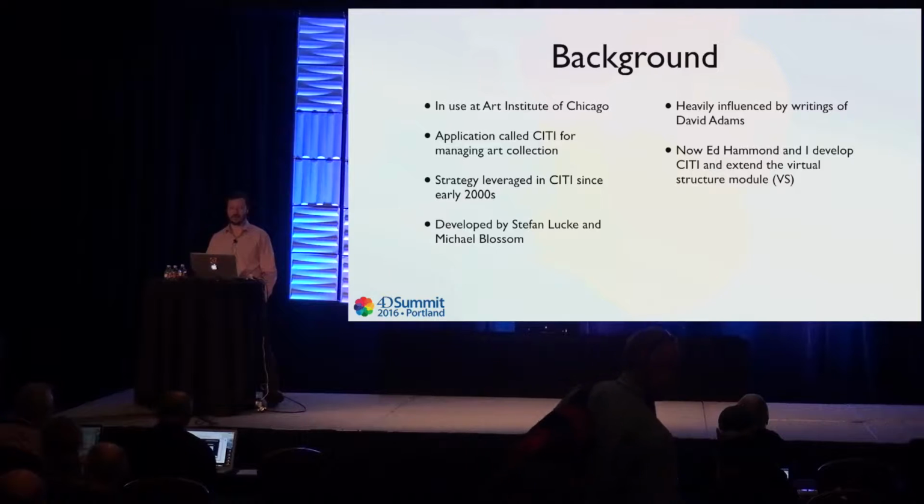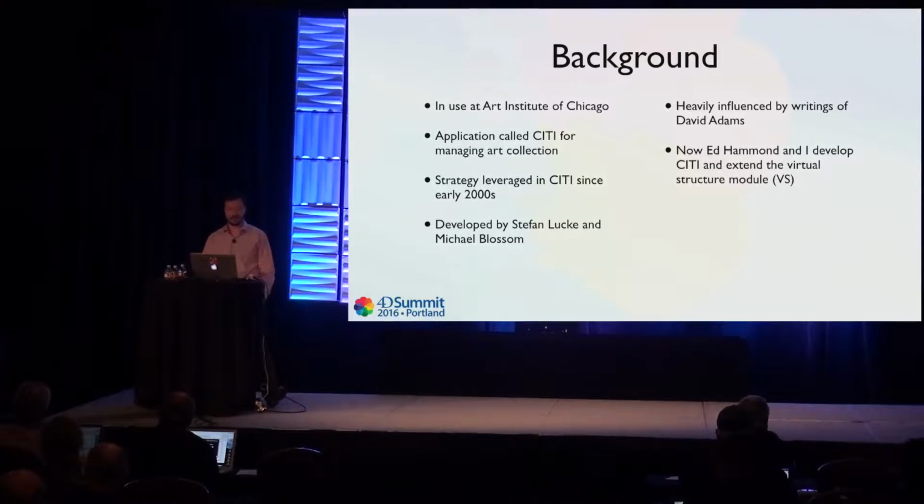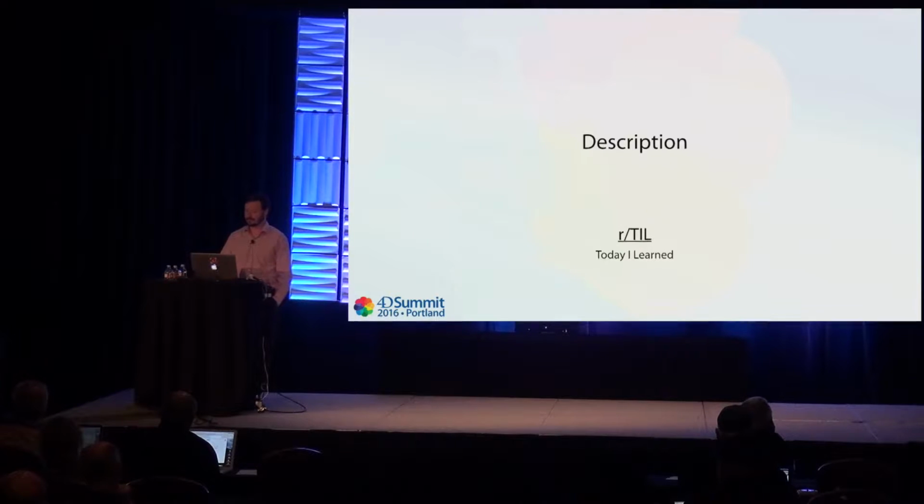They're not in 4D work anymore for some crazy reason, but they've all moved on. But their ideas were heavily influenced by the writings of David Adams, and now Ed Hammond and I developed CITY and work on the virtual structure module and extend it today.